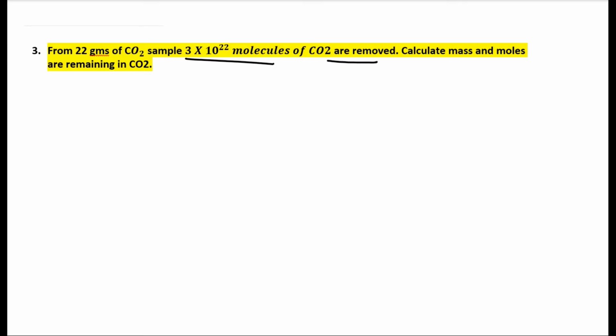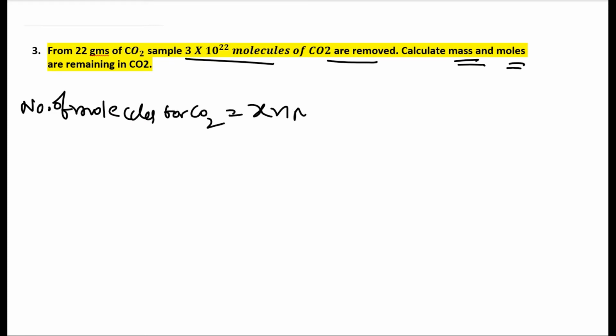So first you just calculate the number of molecules for CO2. As usual, I told the shortcut formula XnNA. Here for number of molecules, I already told you the X value should be 1. You need to take it as a trick I told in today's session only. Number of moles is weight by gram molecular weight into NA.